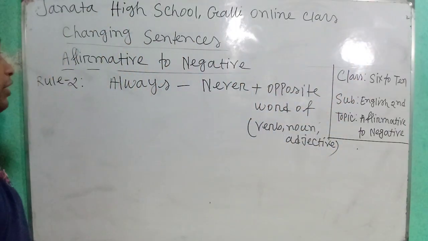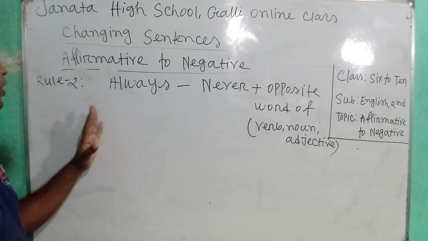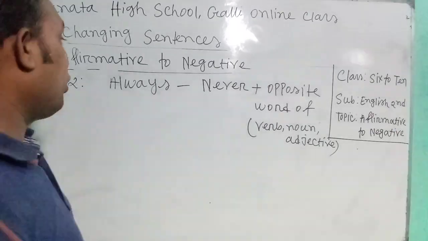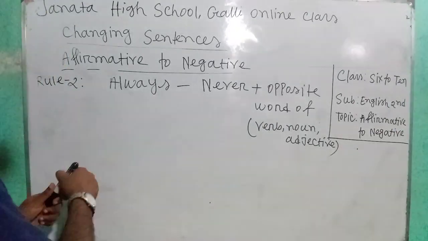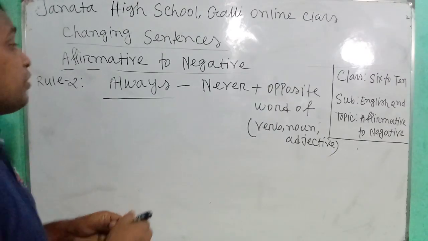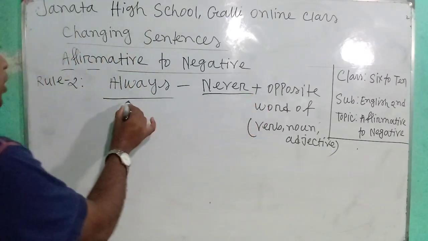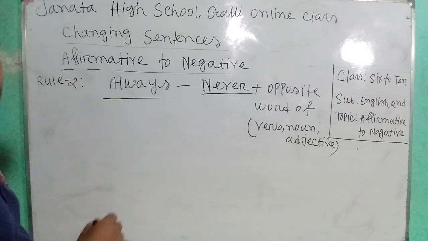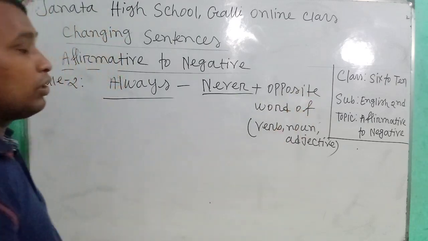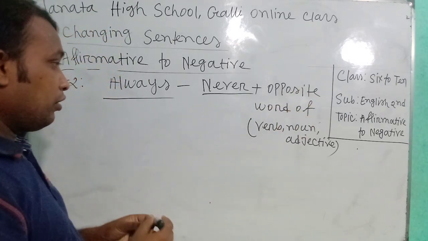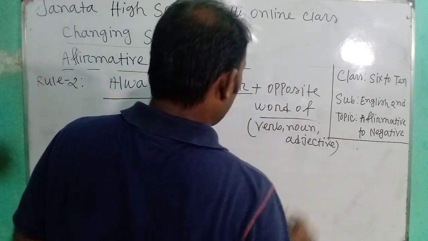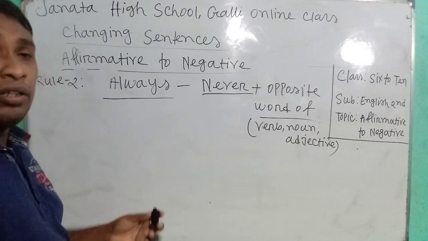Okay, dear students, look at the blackboard, and when I explain, you write down in your exercise book. If we find always in an affirmative sentence, we have to use never instead of the word always, and then we have to use the opposite word of the verb, noun or adjective.